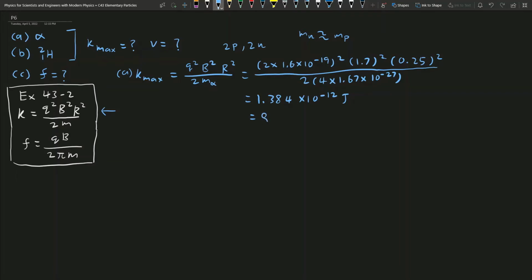Convert this to mega electron volt. This is the answer.